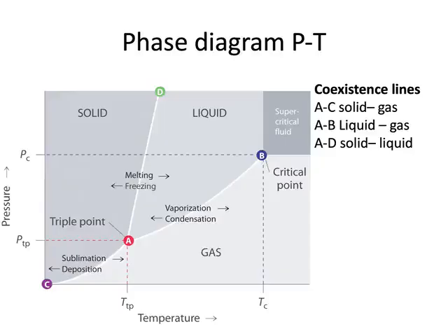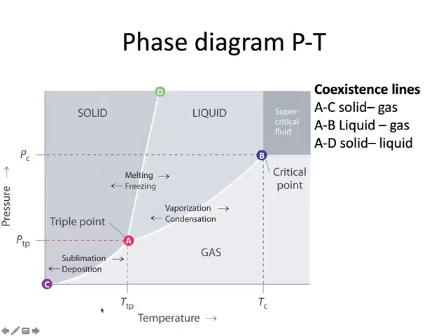Now, we often use phase diagrams in order to visualize, but also to show the quantification of when a substance has a particular phase. So on the axes are our state variables, in this case pressure and temperature.